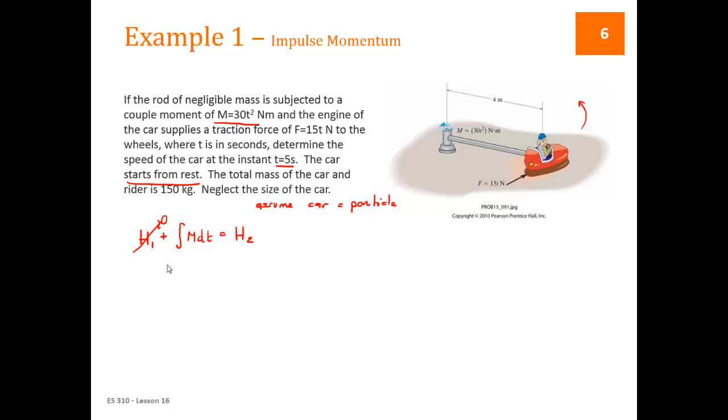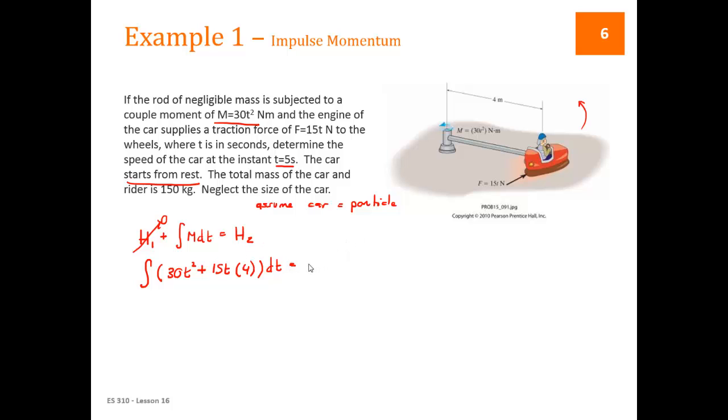So we've got the integral, and we have 30t squared, that's the couple moment, plus 15t, that's the force, times the distance, which is 4, and those are always going to be perpendicular. We don't actually have to take a cross product, they're already perpendicular, so we can just multiply them together, times dt is equal to the final momentum.